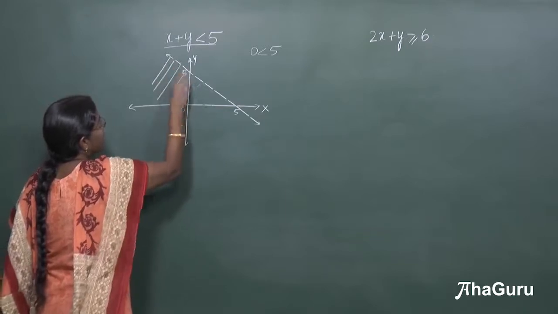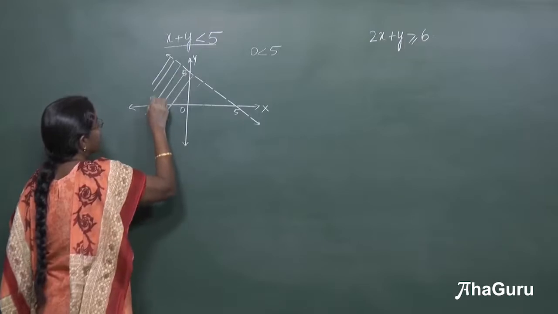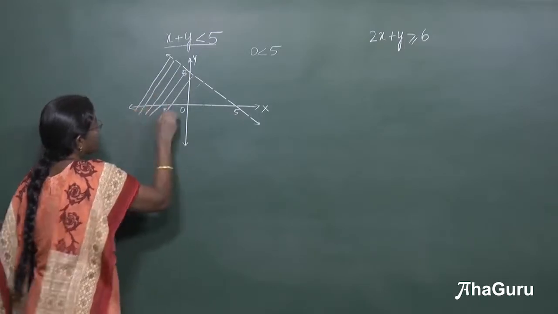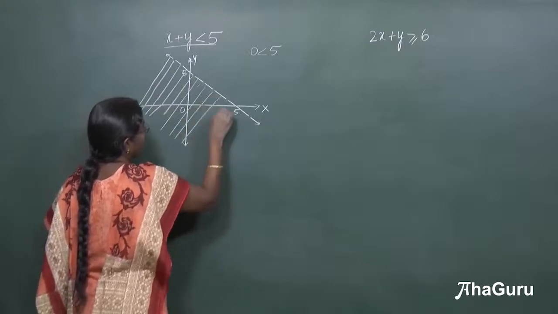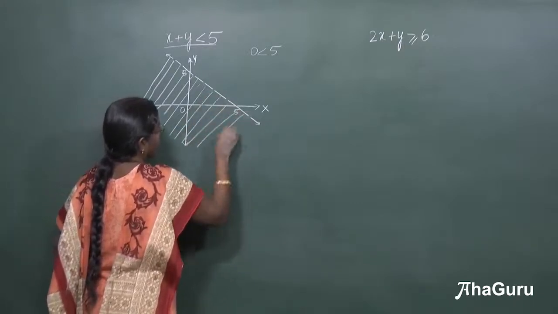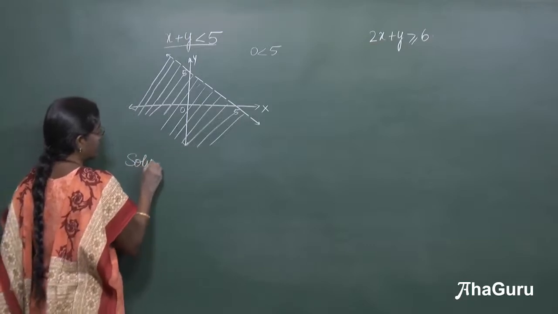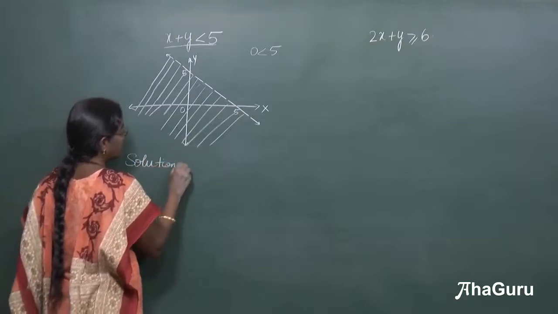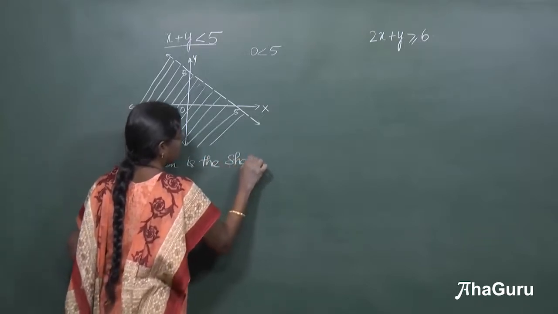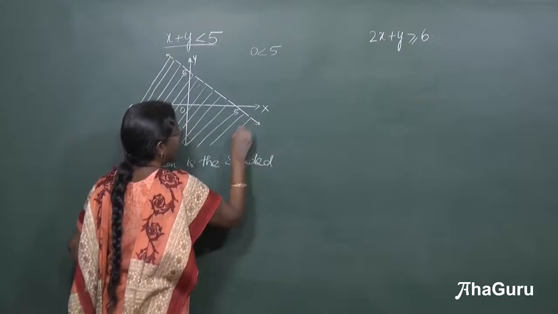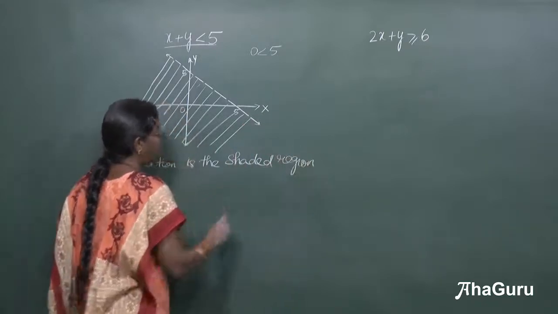Use scale and pencil and draw neat straight lines like this. And write it as the solution is the shaded region in the graph.